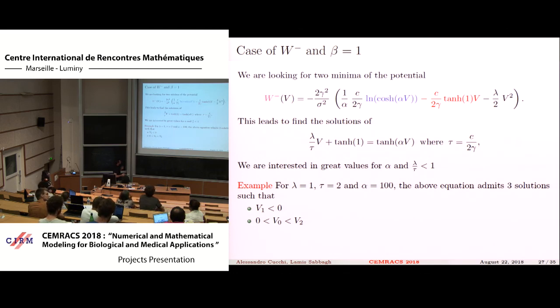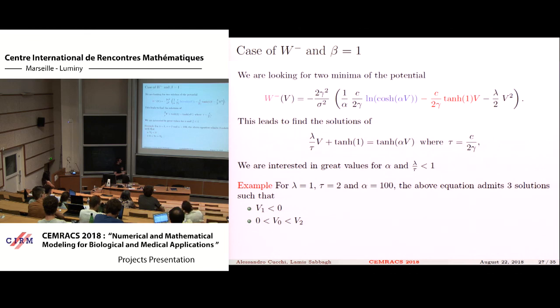So the aim is to take large values of alpha in order to increase the steepness of the hyperbolic tangent around 0, and to increase the slope of the line, in order to let this line touch the hyperbolic tangent and have this true positive intersection. So our set of parameters is large values of alpha and this ratio less than 1.